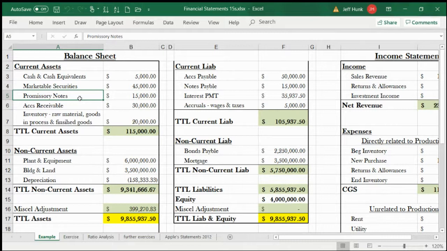In personal, if you write a personal IOU, maybe your parents will take it or your family members will take it, right? Or a very good friend will take it. But when they take that IOU, it's not because they expect to get it back.